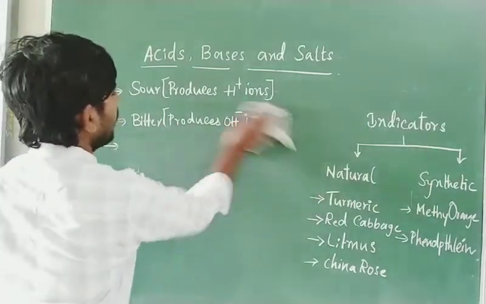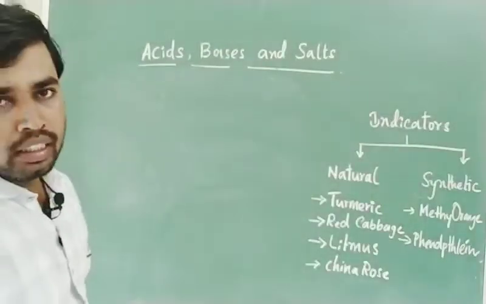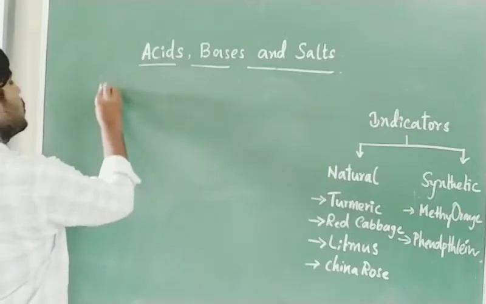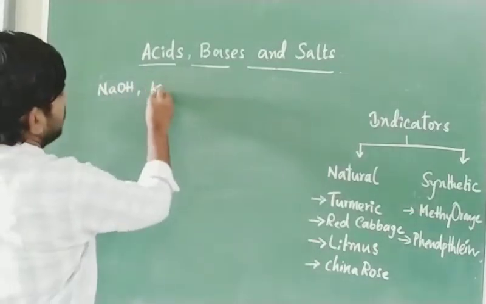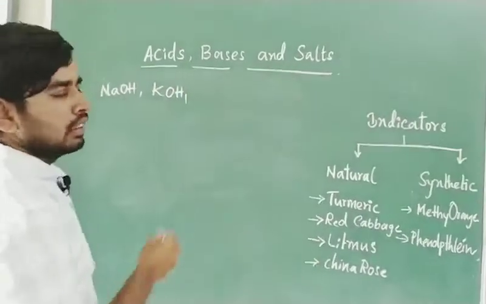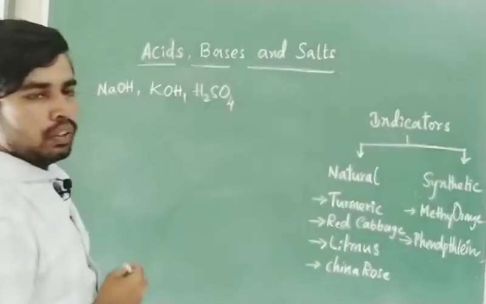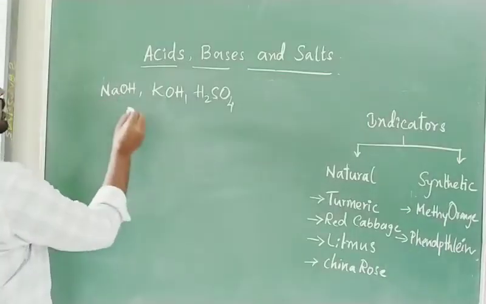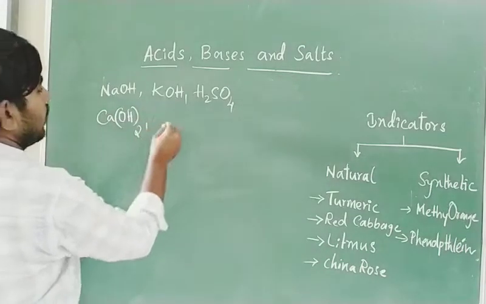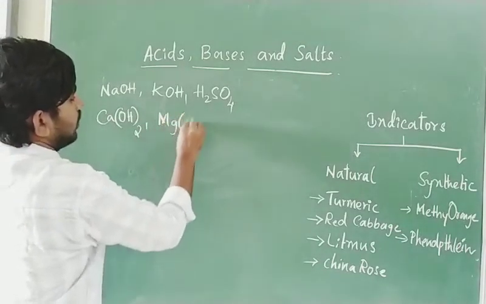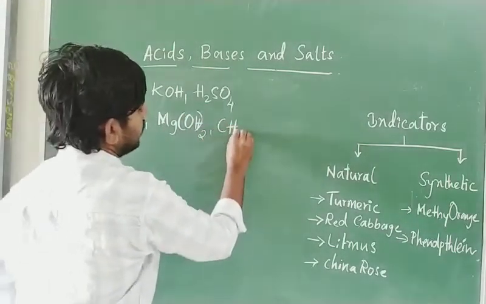Suppose some substances are there in the chemistry laboratory. Okay, substances in the chemistry lab, for example sodium hydroxide, potassium hydroxide, H2SO4, calcium hydroxide, magnesium hydroxide, acetic acid.